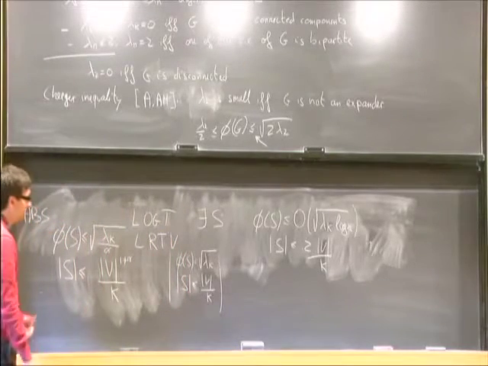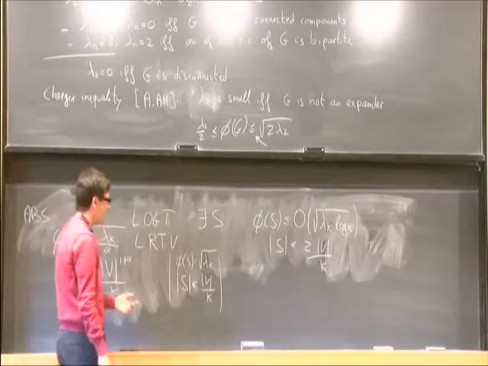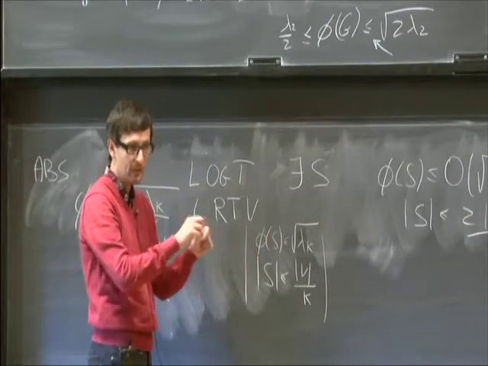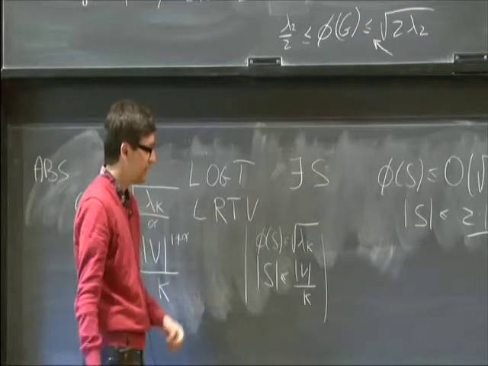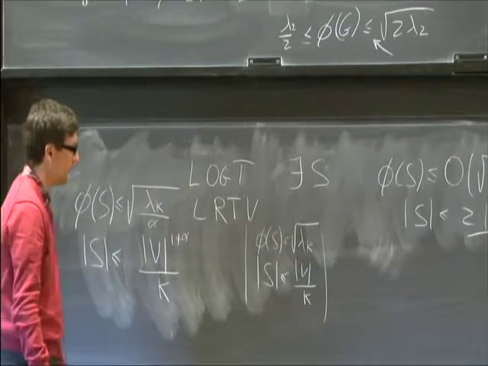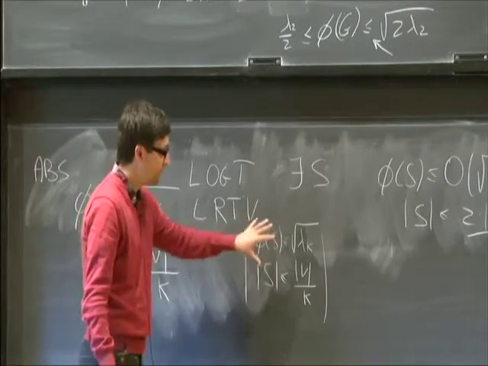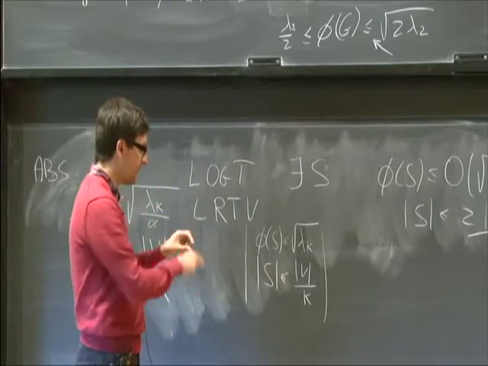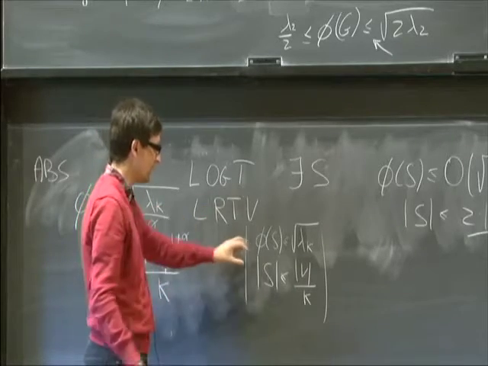If we were able to prove our main result with absolutely no loss in the expansion, this is what we would get by looking at the smallest of the k disjoint sets. Okay. So this is impossible.